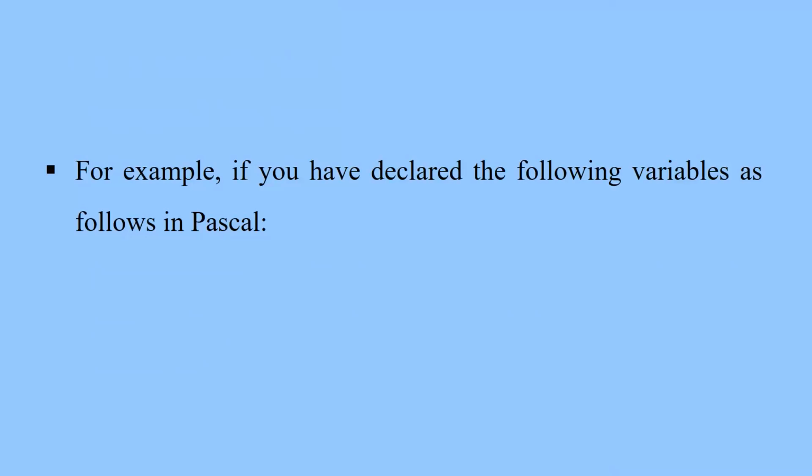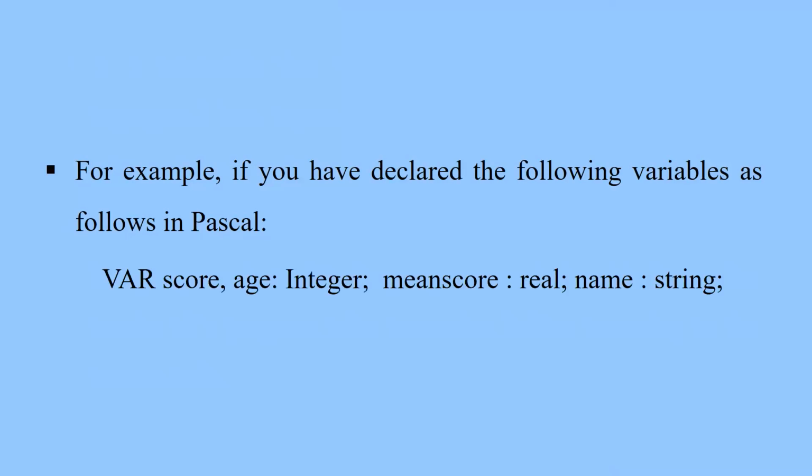For example, if you have declared the following variables in Pascal: two variables, score and age, as type integer, then miniscore as real, and name as a string.